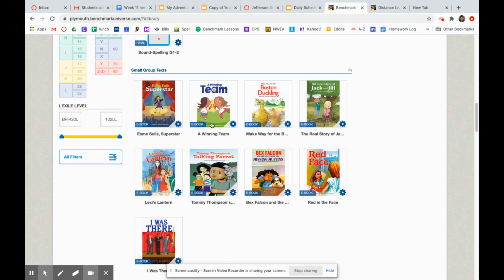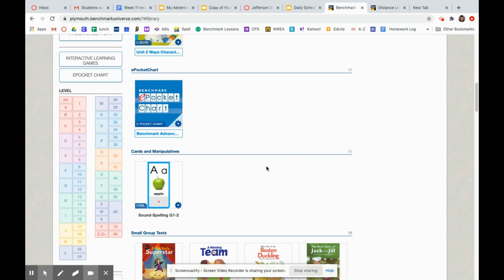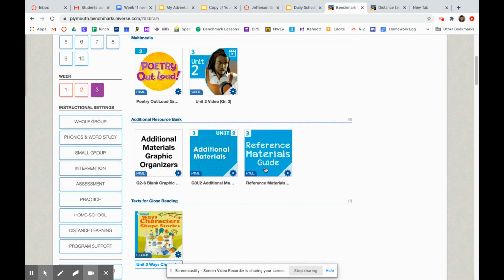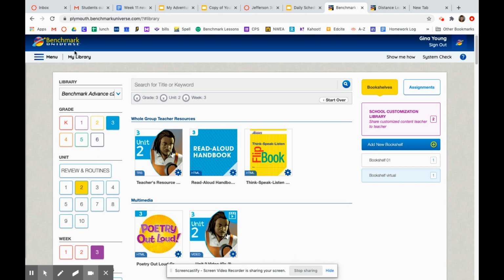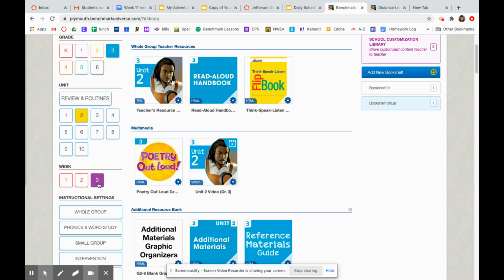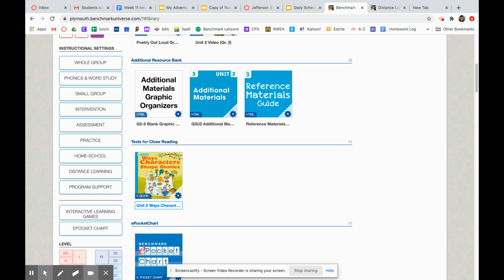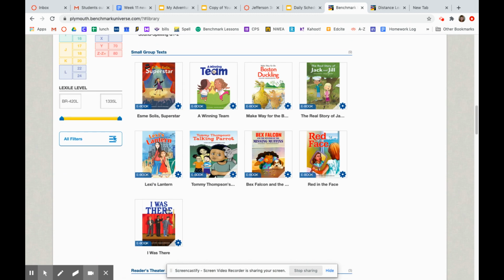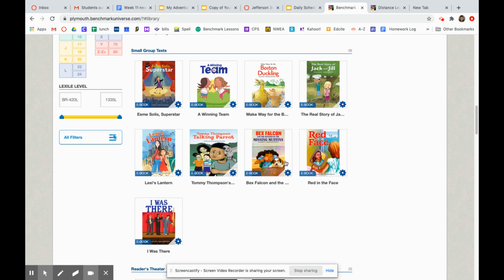I just wanted to show you where you will actually find Bex. I'll assign it to you, but also if it wouldn't open that way, you can always go into your library, go to grade 3, unit 2, week 3, and it will pop up down here. Oops, it's this one.